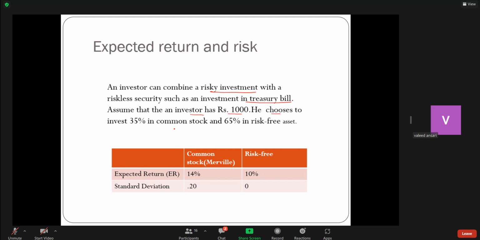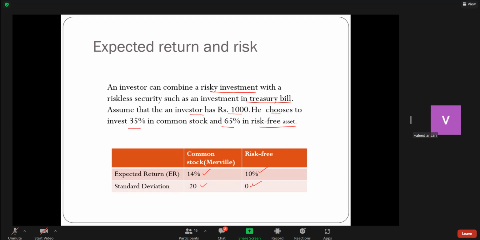He chooses to invest 35% in common stocks and 65% in the risk-free asset. Calculate the portfolio return and risk. This is the expected return, because the return is not guaranteed, and this is the risk-free one. This is the risk, and this has no risk, therefore it's zero.